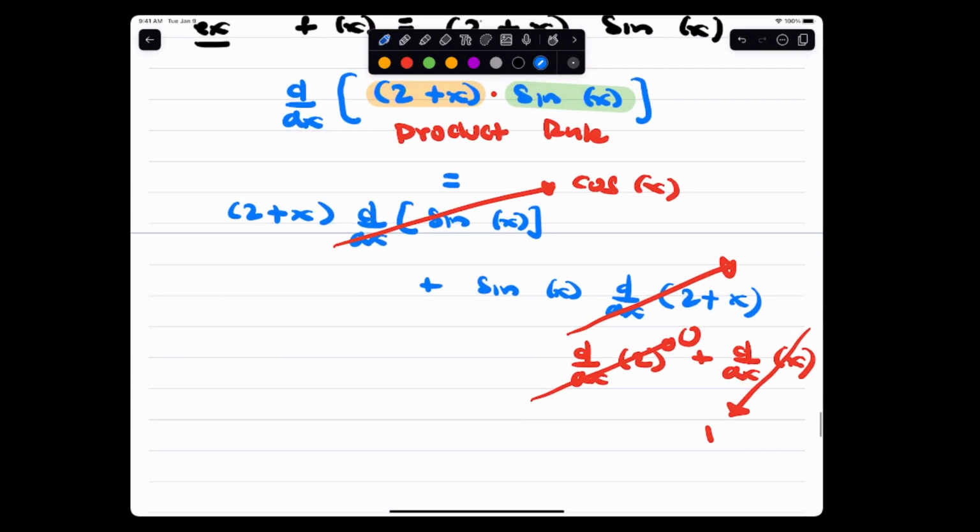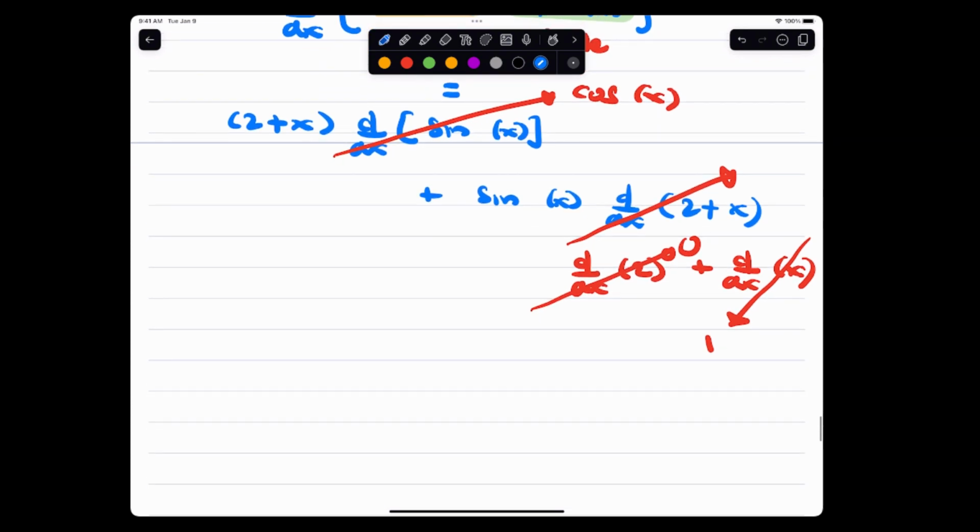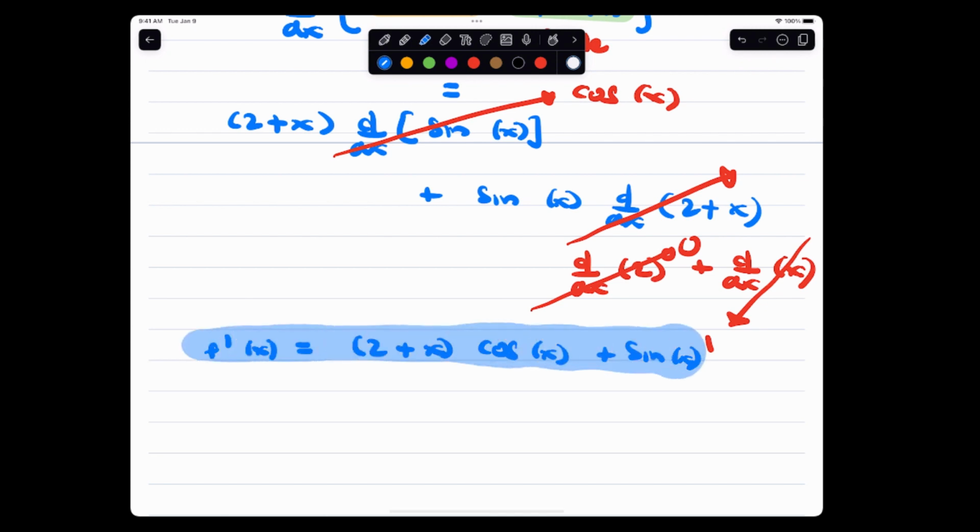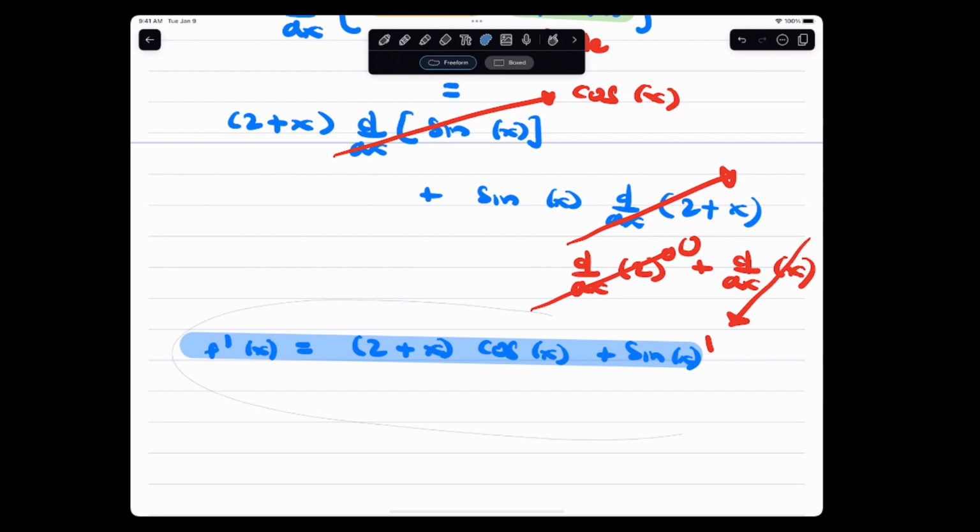Okay, you guys with me on that one? So this is going to be 2 plus x cosine x plus what? Sine x. And you are what? Done. No need to distribute cosine, right? Nope.